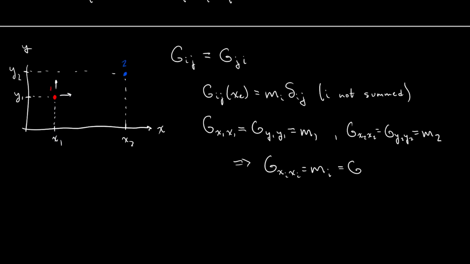And this is also equal to g_yiyi, where i is equal to 1 and 2, and it's not summed here in this particular expression. So in Cartesian coordinates, I can write my non-zero elements of g in this form, and all of the rest of the elements are going to be 0.